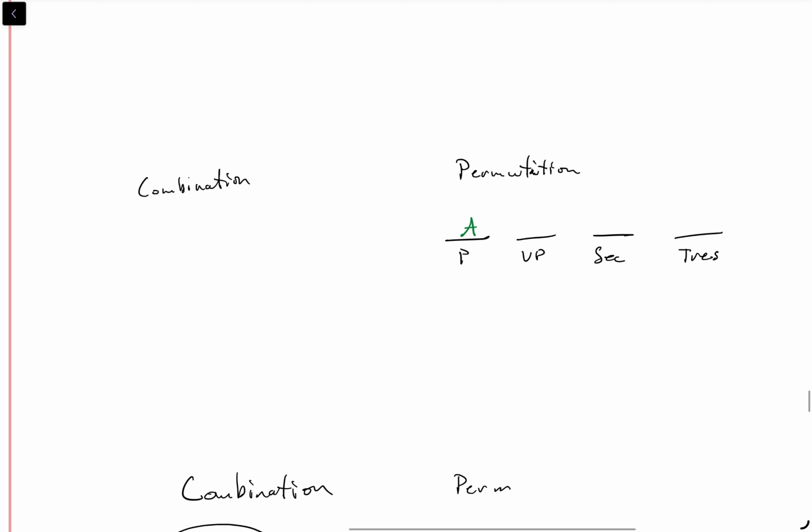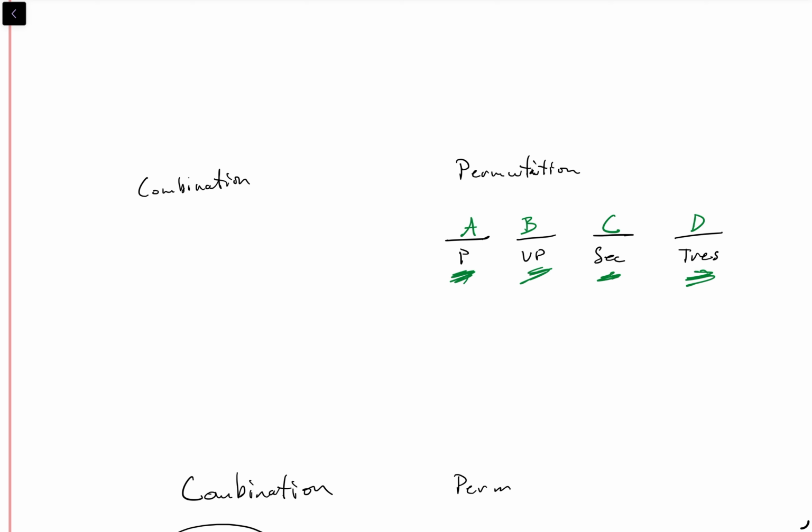Now, what is the difference between permutation and combination? Say Amy, Bill, Clayton, and Diane, A, B, C, D. There might be one president, one vice president, one secretary and treasurer for the dance committee.